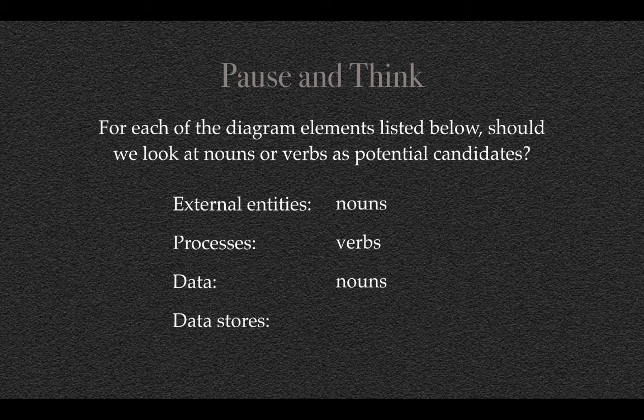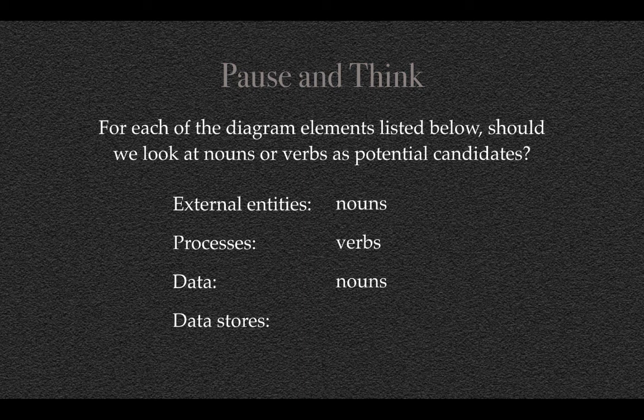Finally, data stores. This one is a little bit tricky. I can imagine seeing something in a description that says information is written to the hard drive or stored in a database or saved in memory. In this case, hard drive, database, and memory are all nouns. But sometimes you may see a sentence like, the video from the camera is recorded and can be played back later by the homeowner.